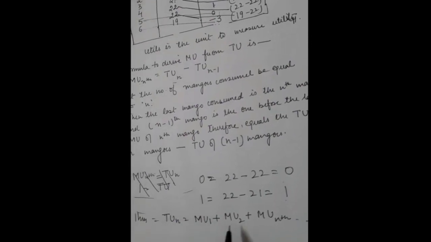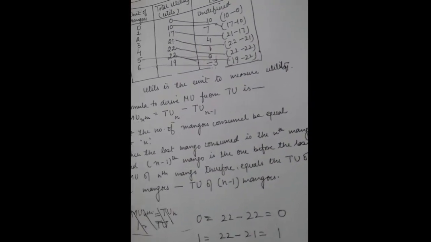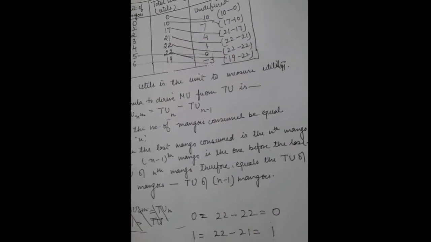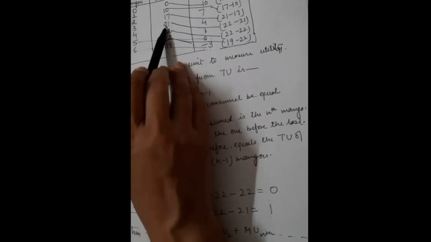In this formula, TU of n is the total utility from n units, and MU of 1, MU of 2 and MU of nth are the marginal utilities from the first, second and nth units of the commodity respectively, right? For example, the total utility from 3 mangoes, as you can see over here, is equal to 21 utils.